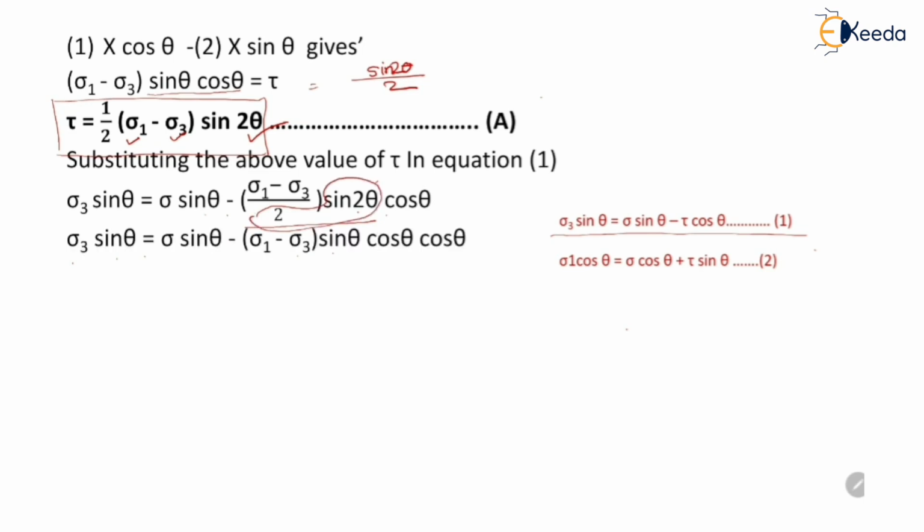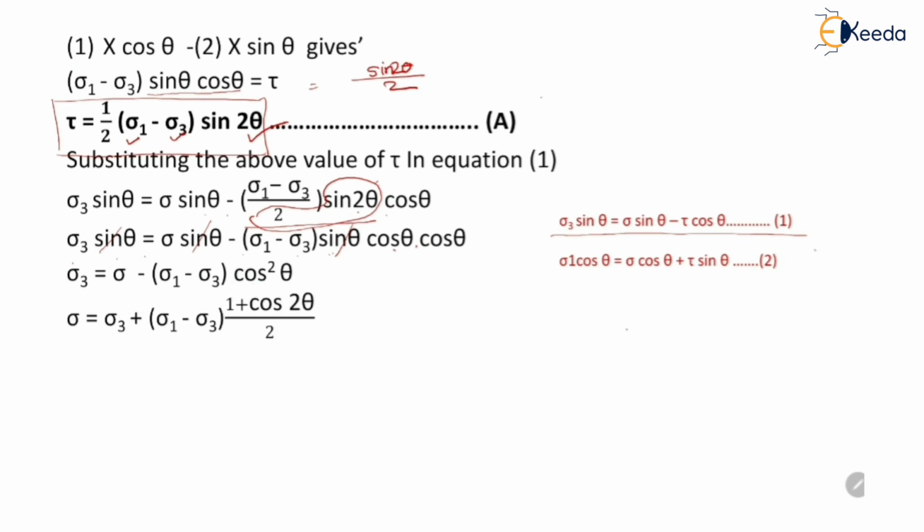So our equation will become sigma 3 sin theta equal to sigma sin theta minus sigma 1 minus sigma 3 into sin theta cos theta into cos theta. So cancelling sin theta from both sides, we will get sigma 3 equal to sigma minus sigma 1 minus sigma 3 cos square theta.